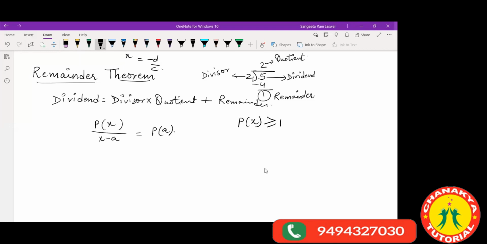I don't know what your book is. Ma'am, I am also using NCERT, but the page numbers may be different. It depends on the edition also. You may be using the current edition. I'm using the old edition. Ma'am, in this, I do not think there is the remainder theorem.